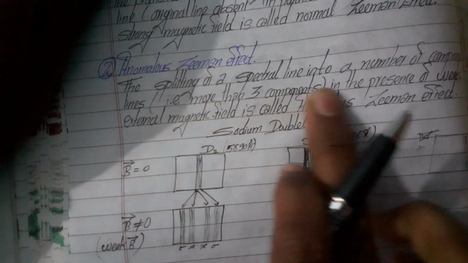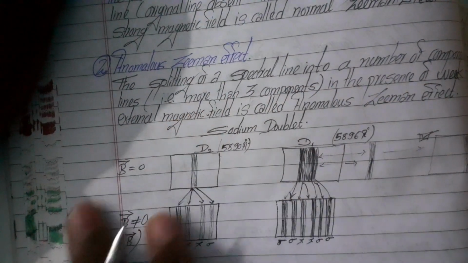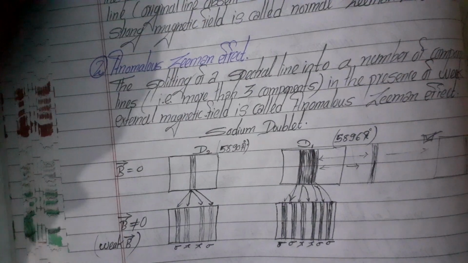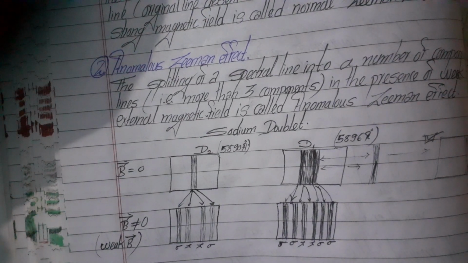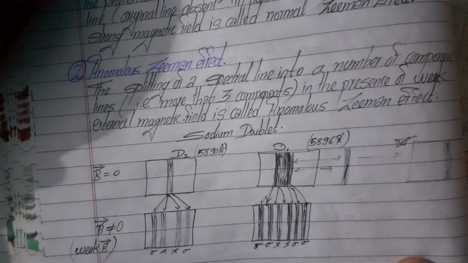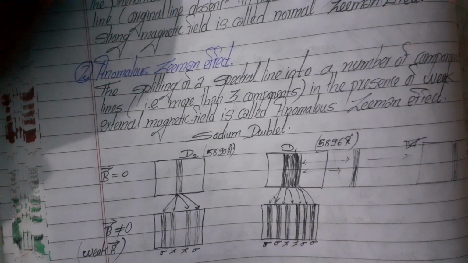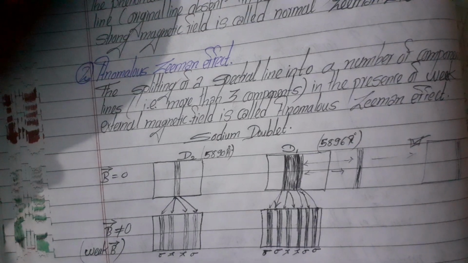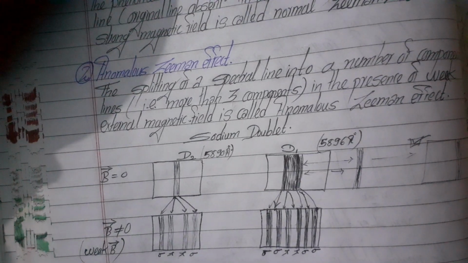And in the anomalous Zeeman effect, there is a splitting of the spectral line into a number of components, more than 3 components, in the presence of a weak external magnetic field.